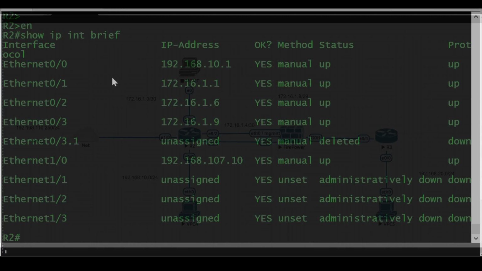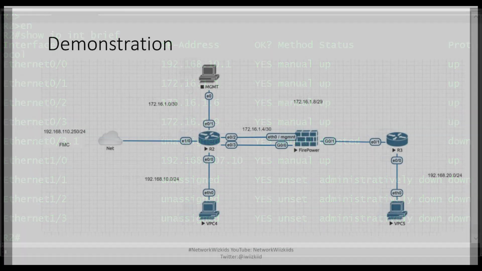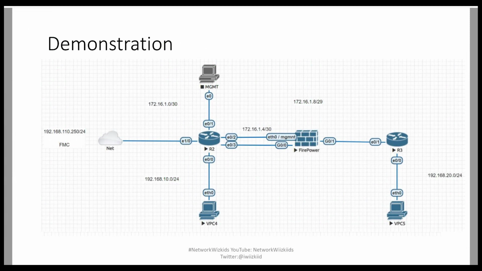If we just take a quick look at the interfaces here, we can see that we have Ethernet 0/3, 172.16.1.9, and this is assigned to, let's just transition back, you'll probably see the topology clearer. So Ethernet 0/3 is assigned to this part here on router 2, so that's connecting to gig 0/0 on the transparent firewall.